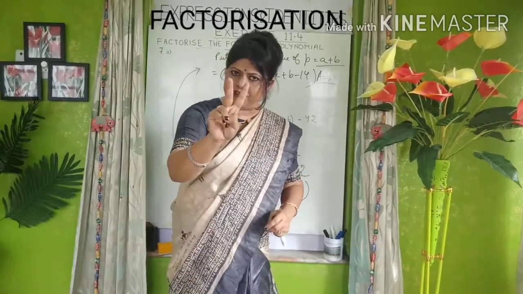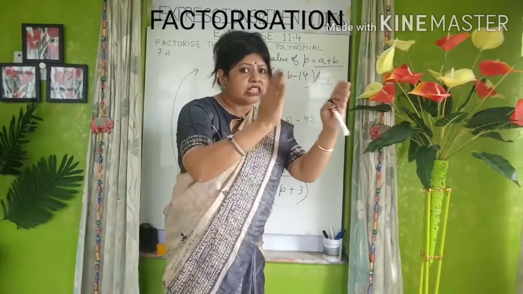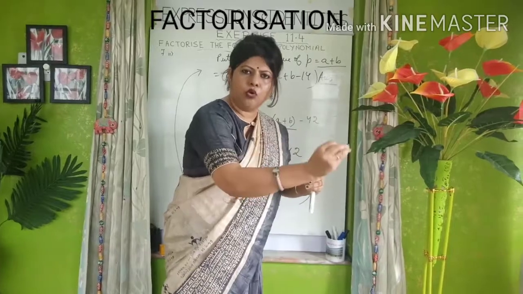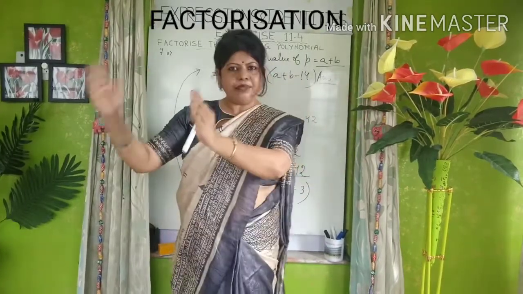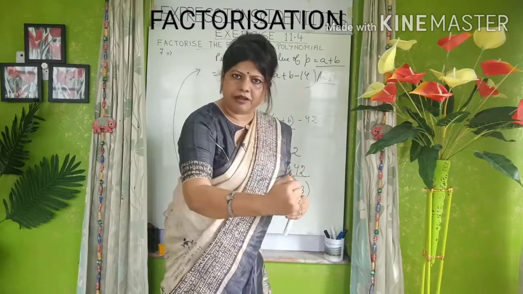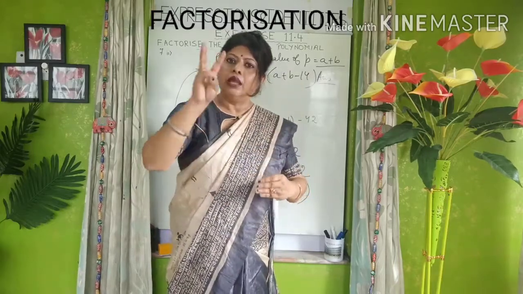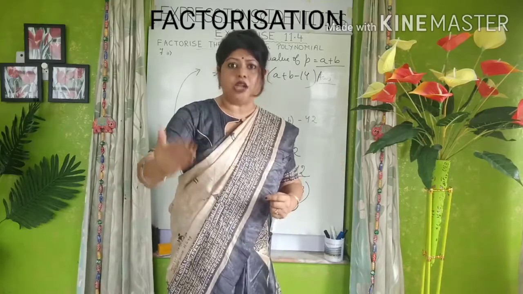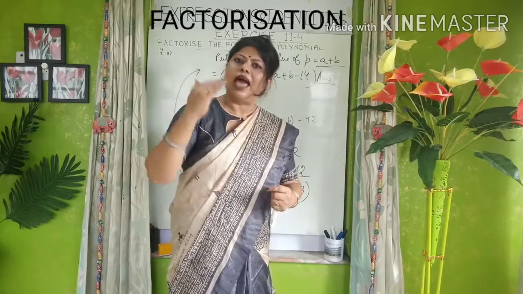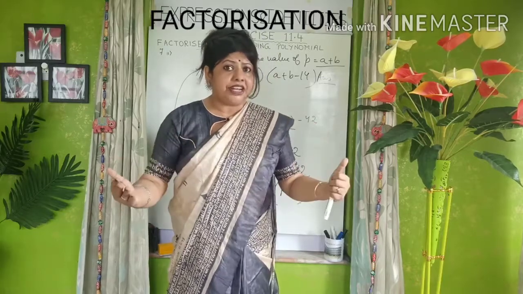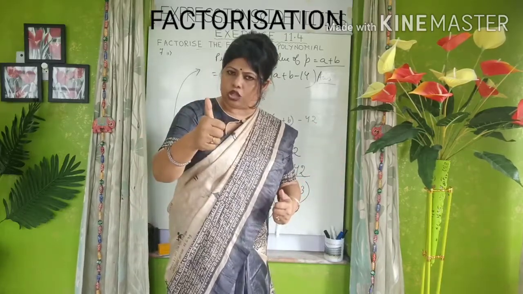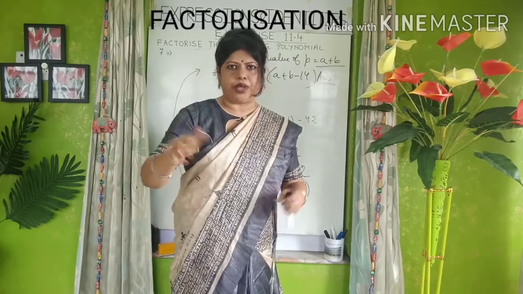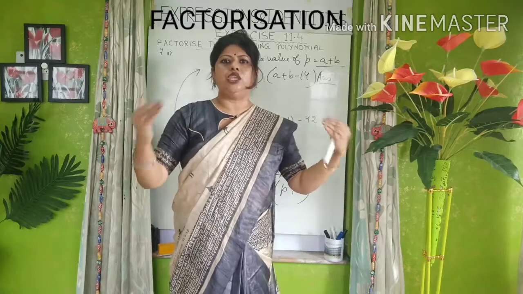In the second type of factorization, we first grouped them, because the moment we grouped them, we found common factors. So first we grouped them and then we chalked out the common factors and we solved them. The third type, we factorized those polynomials using algebraic identities. Which identities we used? A plus b whole square, a minus b whole square and a square minus b square. These 3 identities we used.